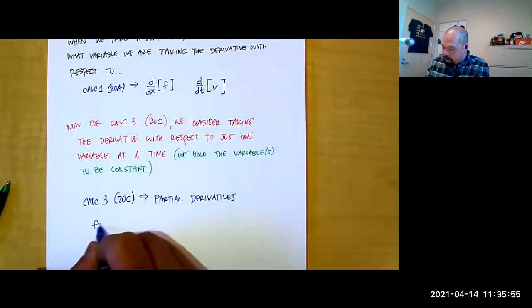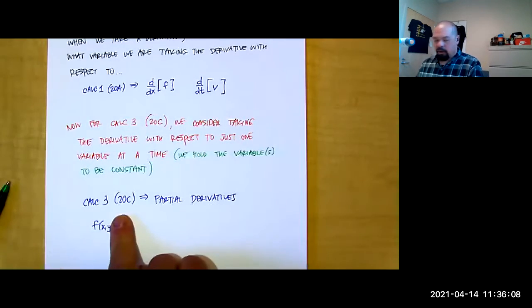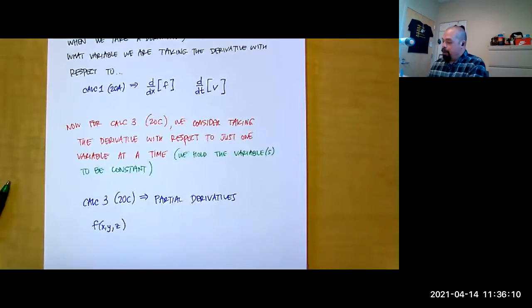And if we have our function that can depend on multiple variables, f of x, y, and z, I'll do three variables to start in the notation, but again, we'll scale it back. Most likely our functions will just depend on two variables.